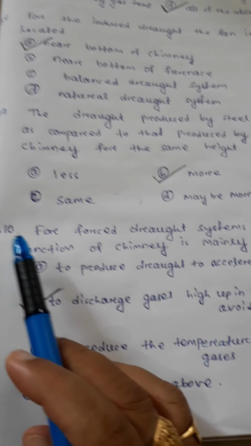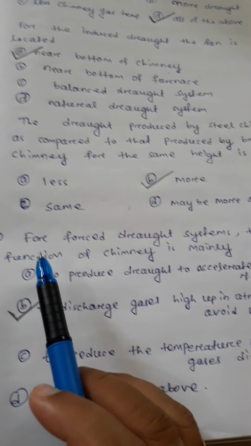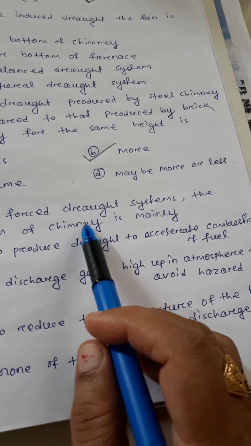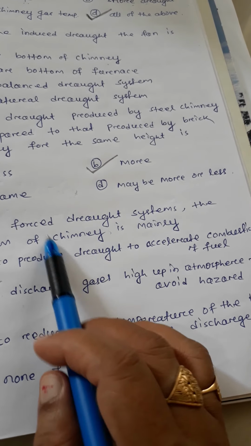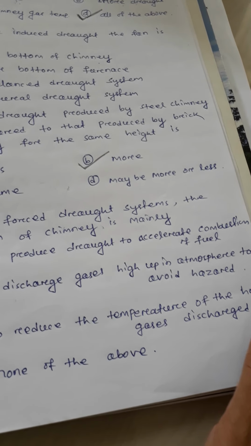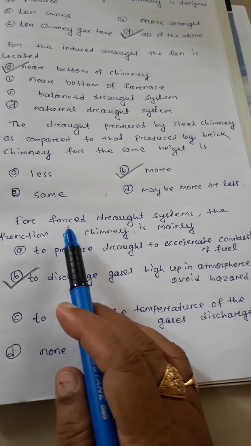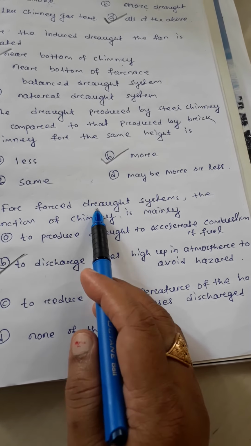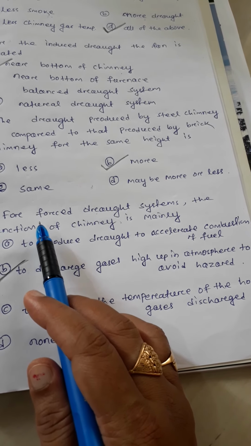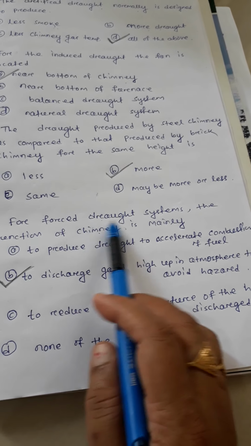Then the last question, question number 10: for forced draught system, the function of chimney is mainly. We know in chimney draught or natural draught, the chimney provides the pressure difference for the system. But here it is given forced draught, which means artificial draught. In artificial draught, the draught is produced by means of fans: induced fan, forced fan, or both. Then why do we provide a chimney in case of forced draught?